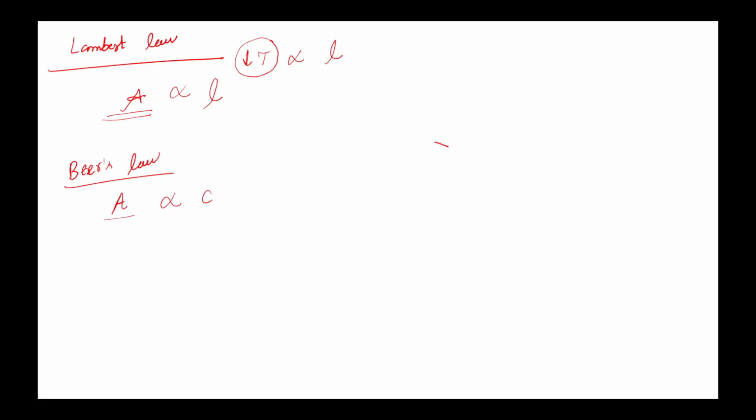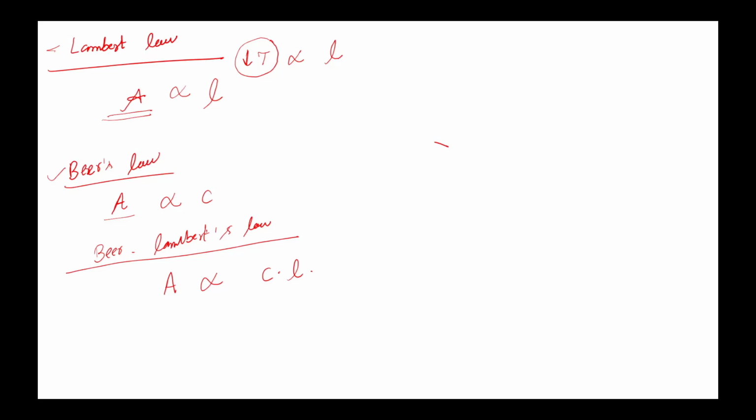This is Lambert's law, this is Beer's law. Combined, we have the Beer-Lambert law: absorbance A is proportional to the concentration as well as the path length or thickness of the absorbing material.